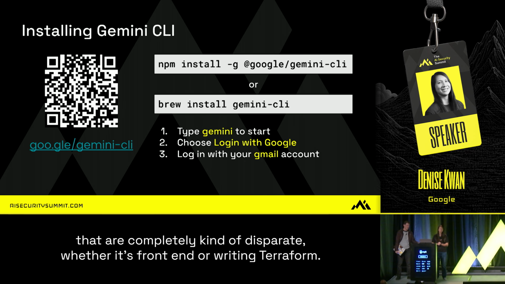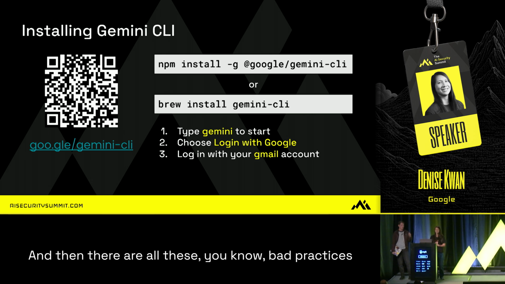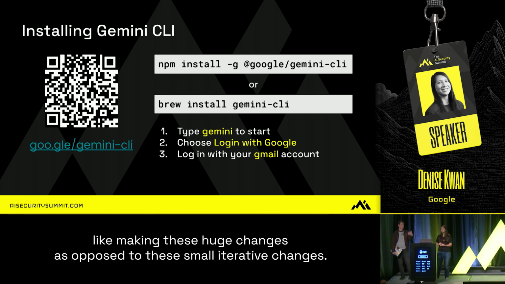In particular, there's a developer named Paul Hammond who was advocating for using test-driven development with Gemini CLI. I got really into that because a lot of the consternation people have about vibe coding is that LLMs will create huge projects that try to do everything at once, with bad practices like making huge changes as opposed to small iterative changes.